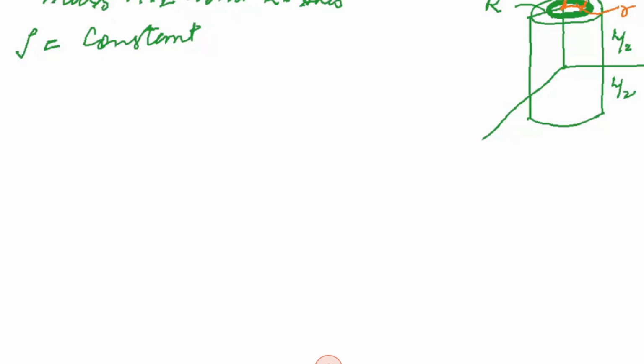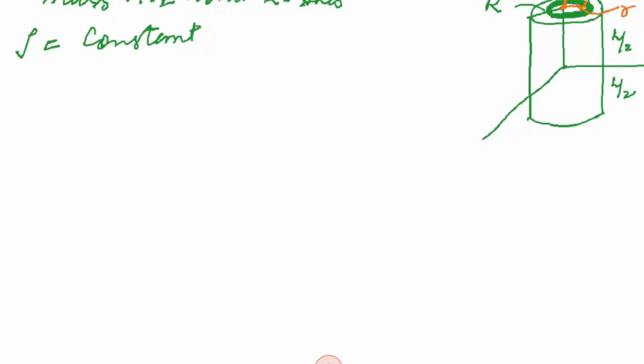We cannot calculate it for a single point, right? What we will do is take a complete circle for this cylinder, this is a shell element, and then we will integrate it from 0 to complete R.